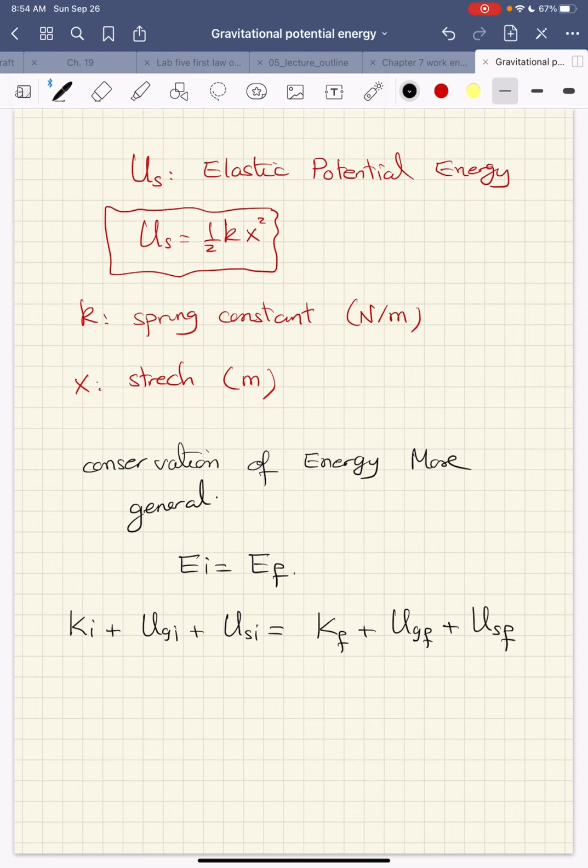Now, remember, K is kinetic, 1/2 mv squared. UG is gravitational potential energy, mgh. And finally, US is 1/2 kx squared. We call it elastic potential energy.